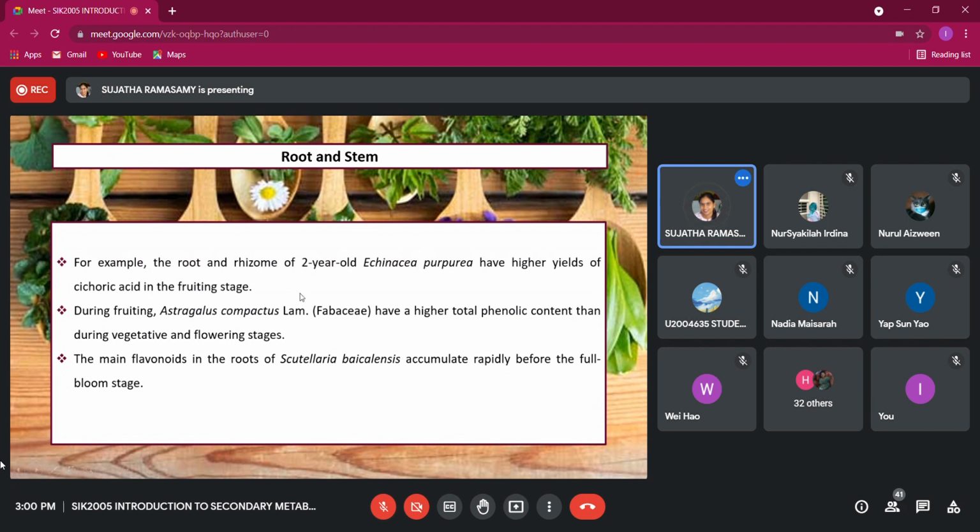Okay, another example, Astragalus compactus. During the fruiting time, they found the phenolic content is higher compared to the flowering stage. Bila fruiting lagi tinggi compared to when it's produced flower. Another one, Scutellaria baicalensis.